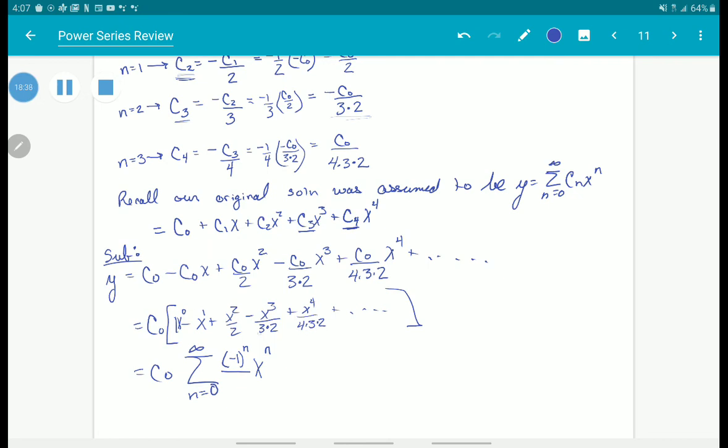So now let's think about those denominators. We kind of see a factorial coming out here. So this is 4 factorial. This guy is 3 factorial. And then we have a 2 factorial here. We could do a 1 factorial here and a 0 factorial there. And that will give us our solution. So there's our power series solution.